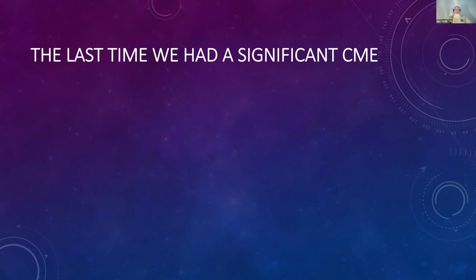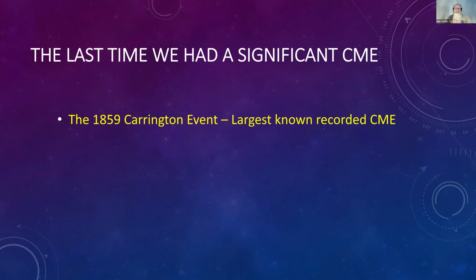So we actually had a CME that was quite significant. And if you already know this, you should. The largest recorded geomagnetic event, resulting presumably from a CME that hit the Earth's magnetosphere, was the solar storm of 1859, known as the Carrington event, named for the astronomer, Mr. Carrington.